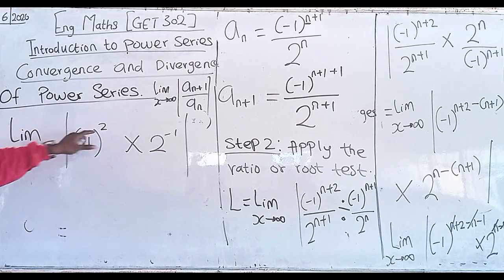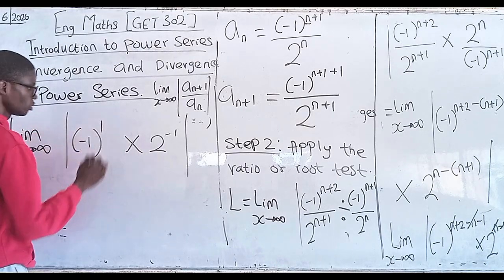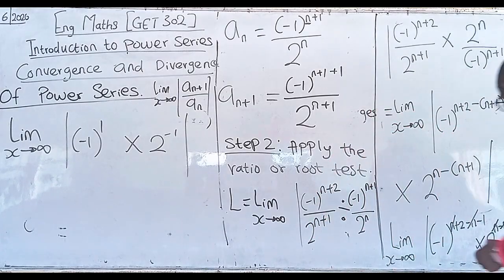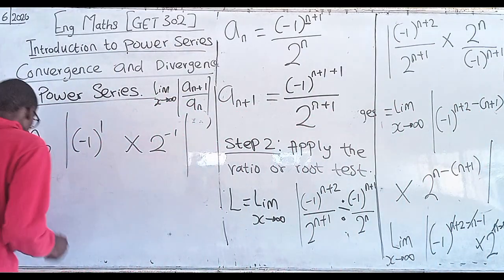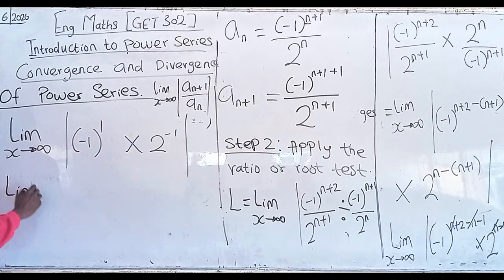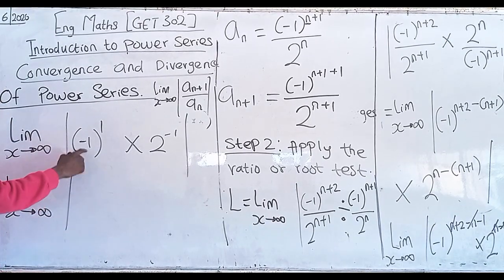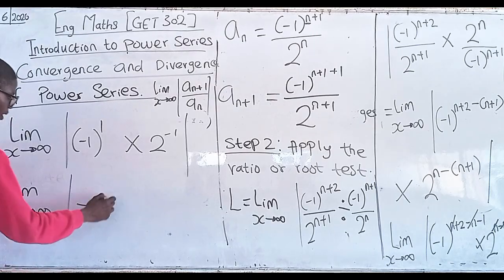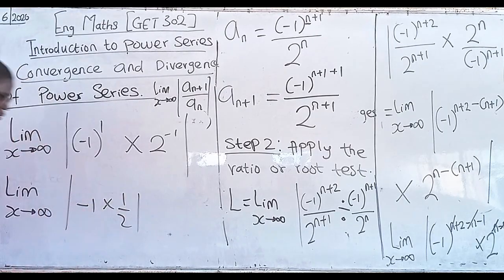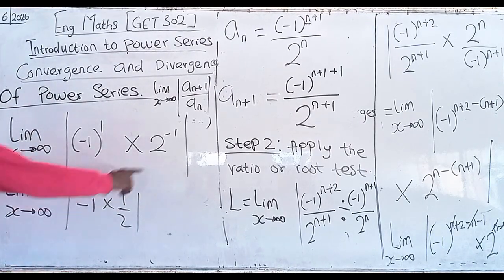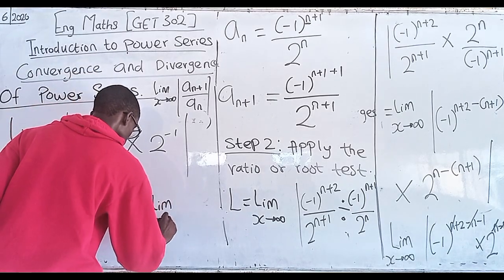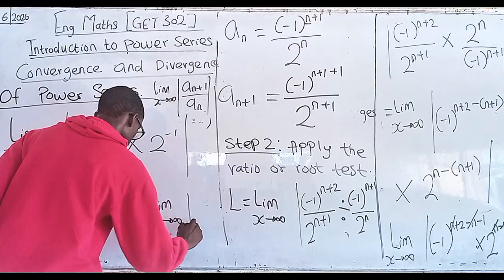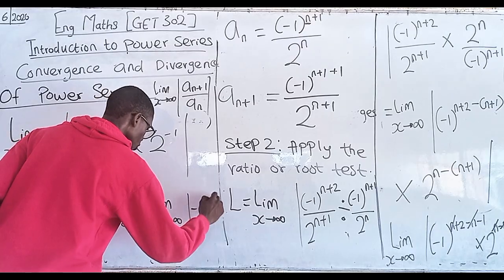Okay, yes, 2 minus 1 is 1. So 1 here. We have the limit as n approaches infinity. This should give you minus 1 multiplied by 1 over 2. Hope you know that's what it gives you. Which will give you the limit as n approaches infinity of minus 1 over 2. Hope you know.